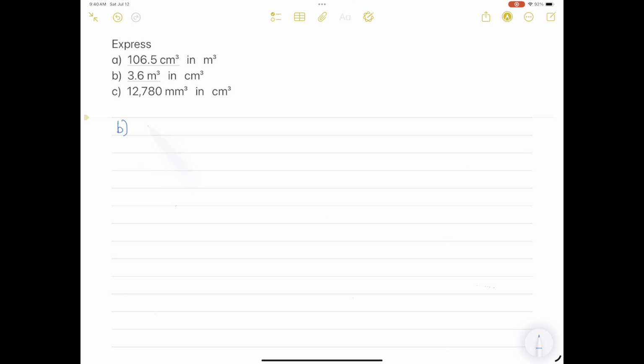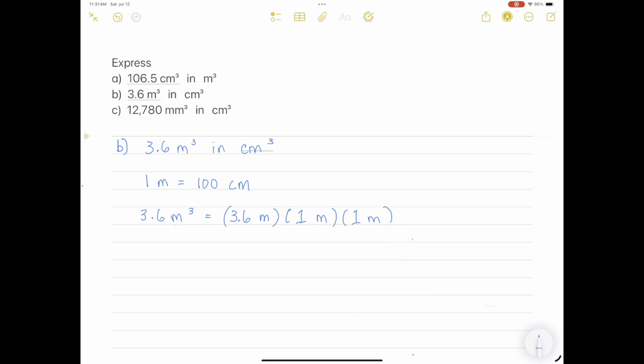Express B, 3.6 cubic meters in cubic centimeters. 1 meter equals 100 centimeters. 3.6 cubic meters equals 3.6 meters times 1 meter times 1 meter.